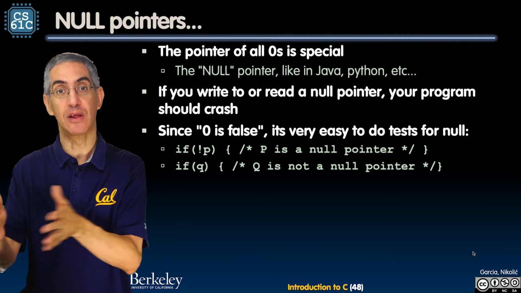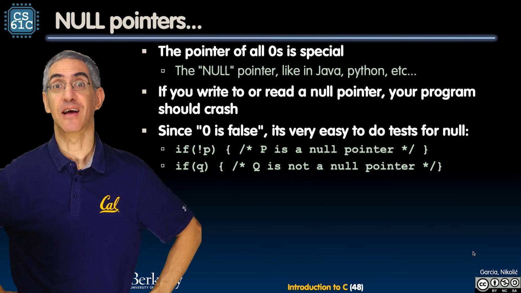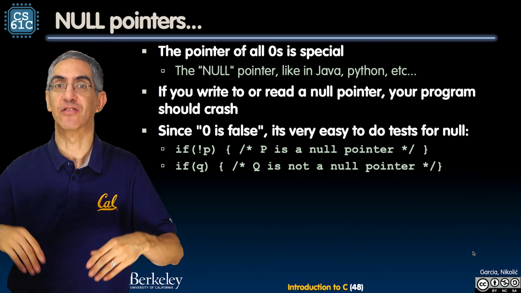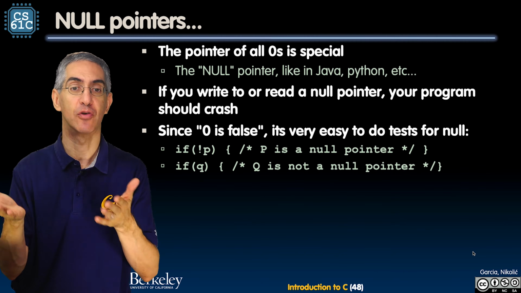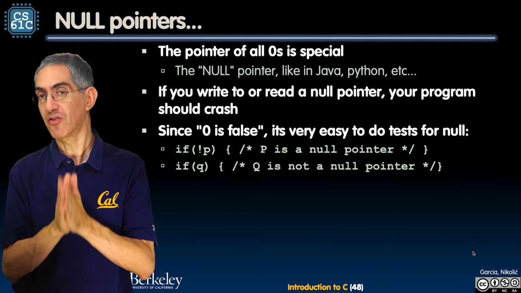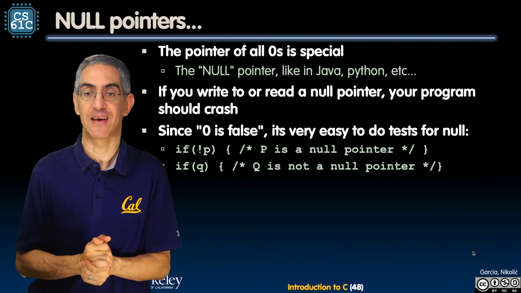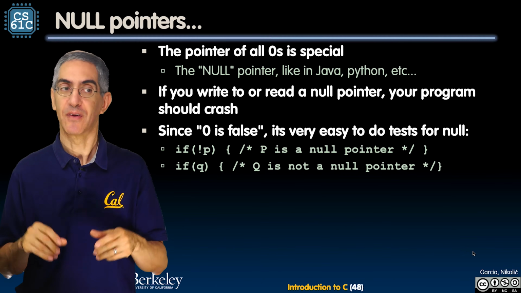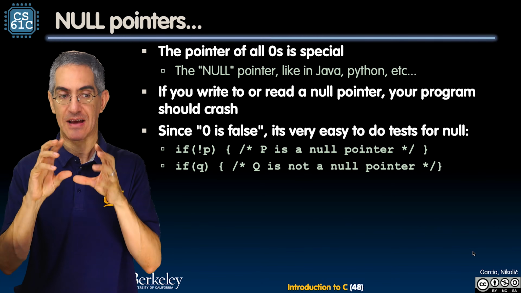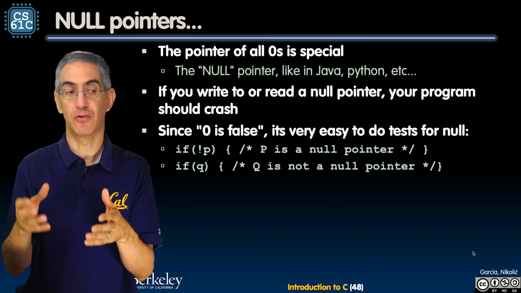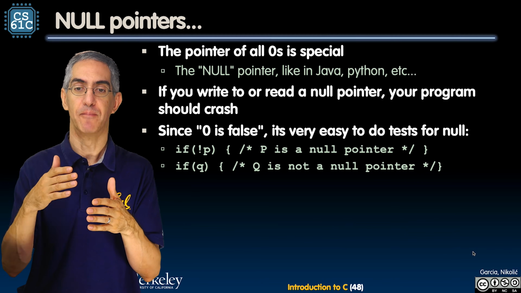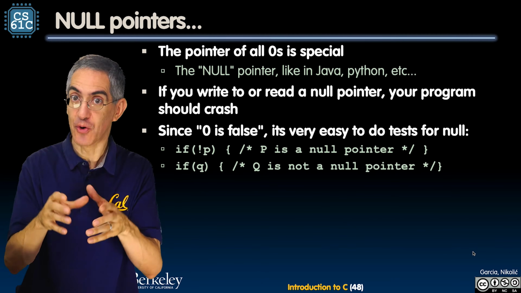You say, well, is p equal null? Then if it is, I'm not going to touch it. It means I didn't get some storage, or it's null. It's not valid. I can't use it to read or write any values. You also remember that 0 is false. So now I can actually say, if p and q are pointers, if not p, that's only true when p is 0.